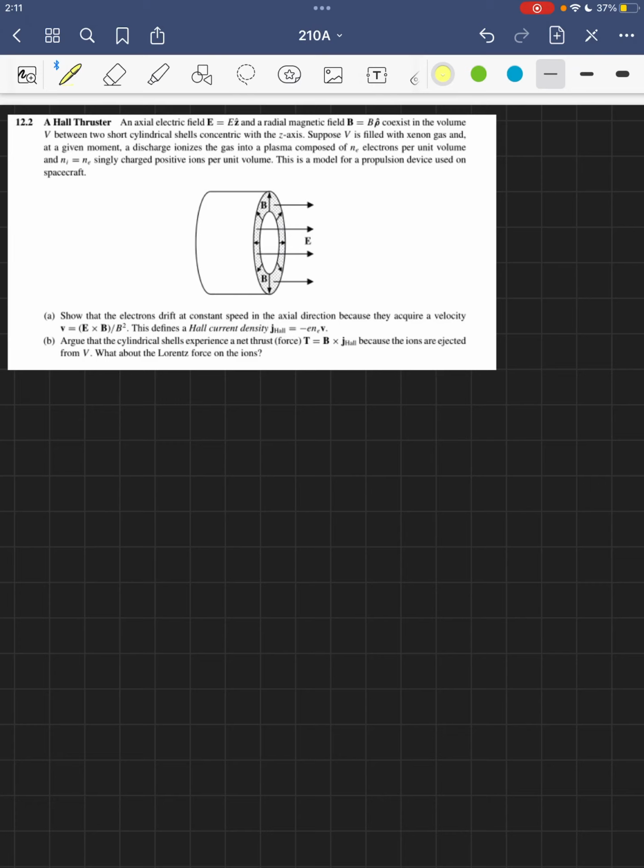So how does that work? Well, the electric force density would be negative qE, so the charge of the electron, times the density of the electrons, times E. The Lorentz force density would be negative q n V cross B. This is just your Lorentz force, but with the density added in.